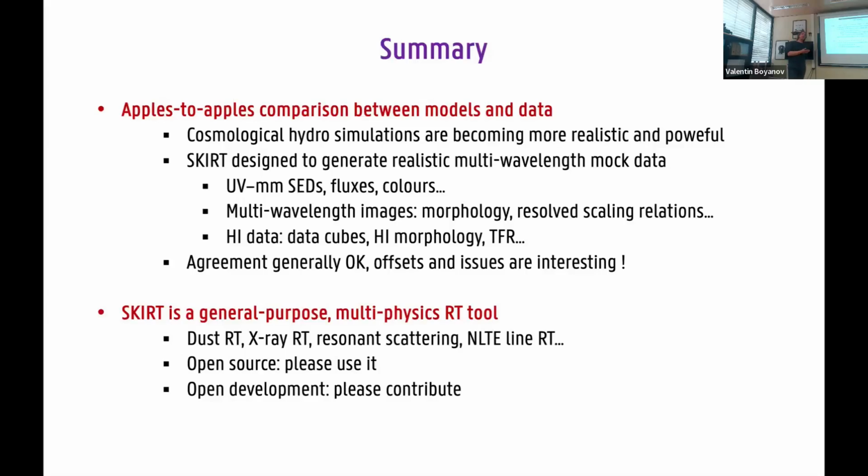The more recent simulations really do multi-phase ISM. They have cooling functions all the way down to 10 Kelvin or so, which is much more computationally demanding, but the new generation of simulations will be much more powerful in that respect. That's something I'm very curious about applying SKIRT to.